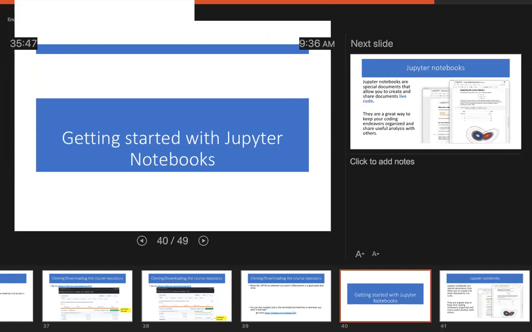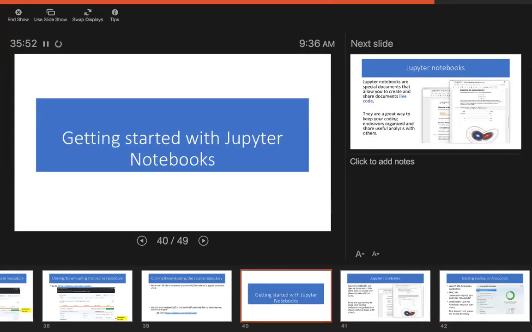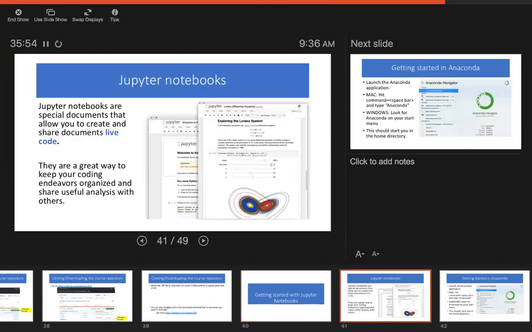So let's get started with Jupyter Notebooks. What are Jupyter Notebooks? They're special documents called live code documents. They allow you to create and share code relatively easily. They're a really good way to keep your coding projects somewhat organized. It's not good for everything.